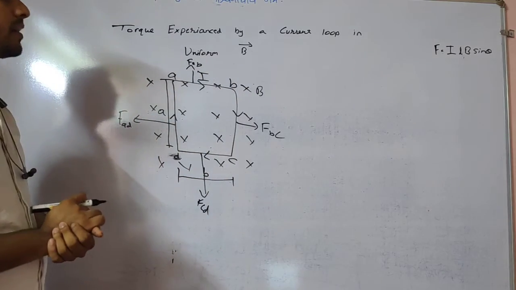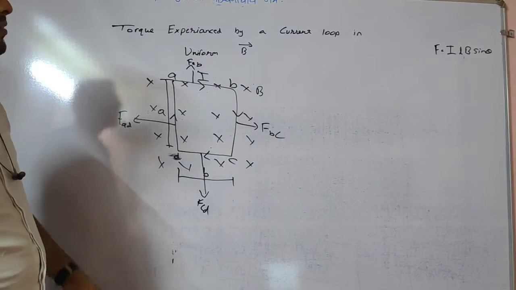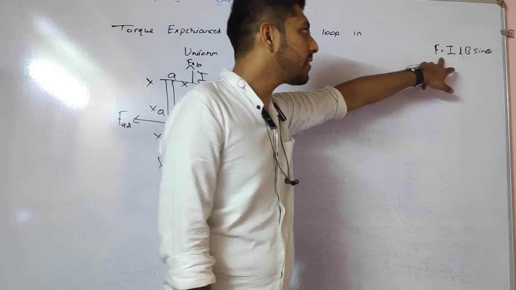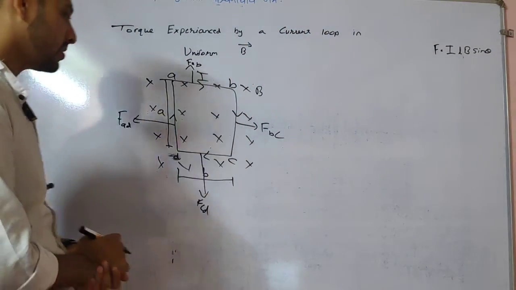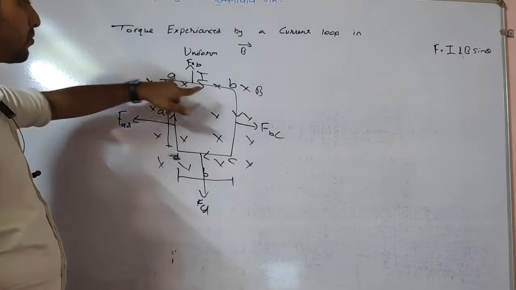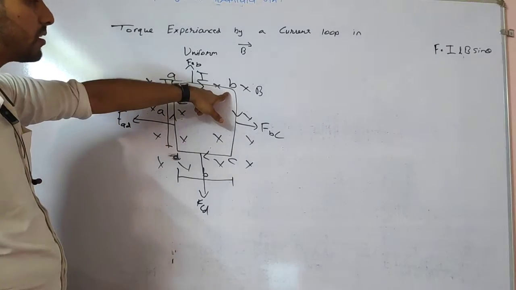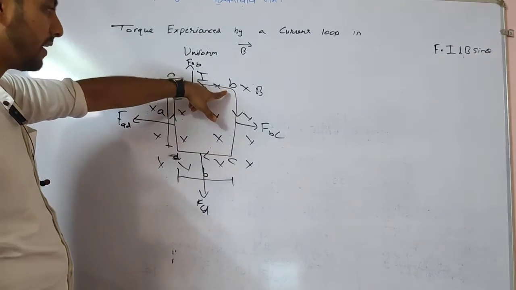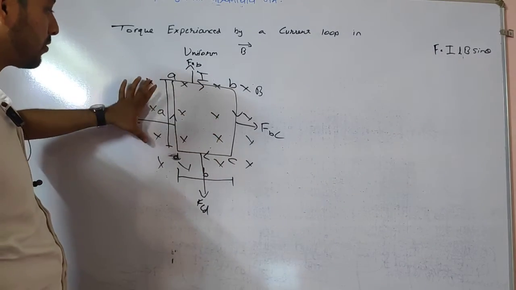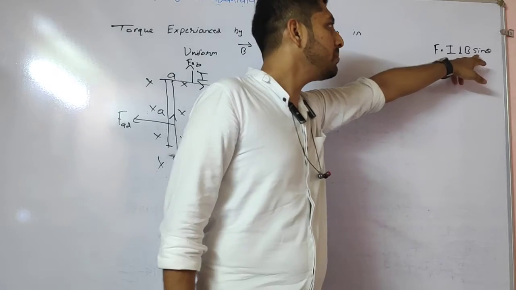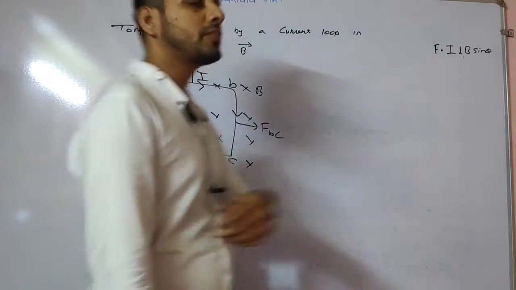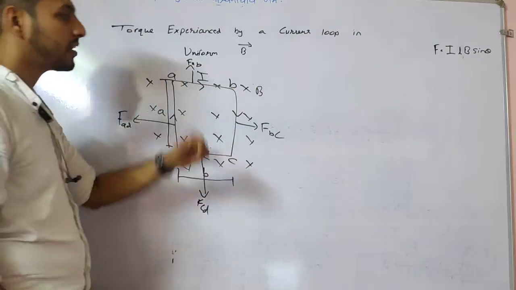Here, what will happen? What is the formula for force? That is F equals ILB sin theta, which we have already studied previously. As it is a rectangular loop, the length of this side will be equal to the opposite side, so nothing else varies, and only the directions of force differ.